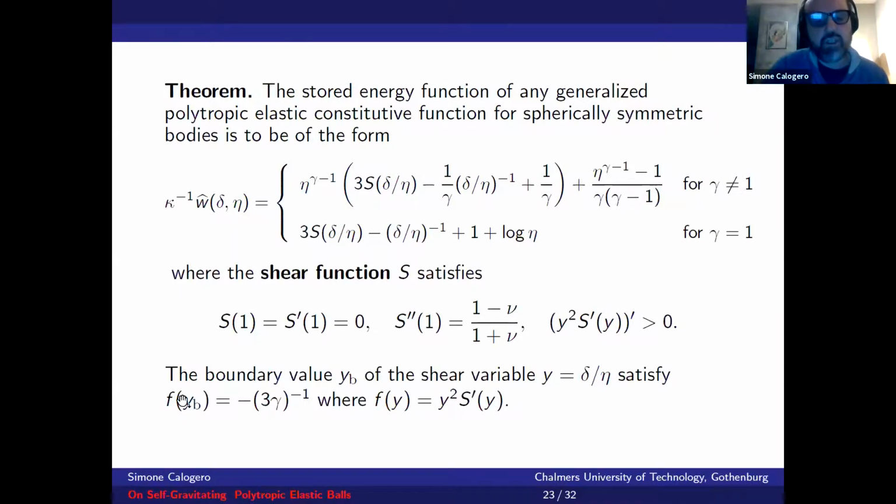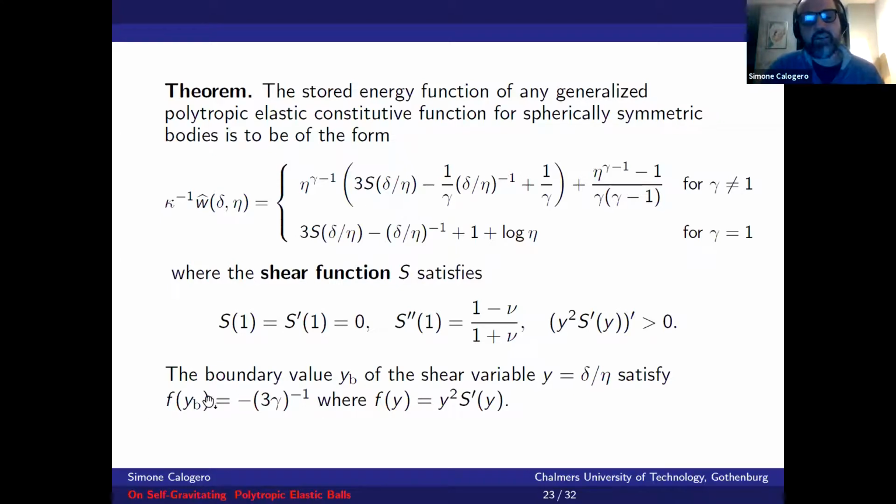This constant YB is the solution of this equation: F_y(YB) equals -3 gamma to the power -1, where F_y is this function here. Since this function, by the hyperbolicity condition, is increasing, there is at most one solution of this equation.